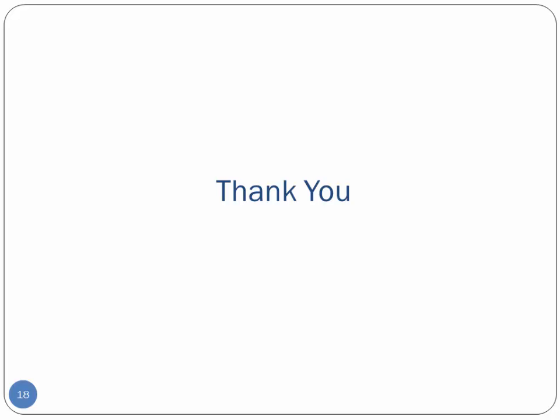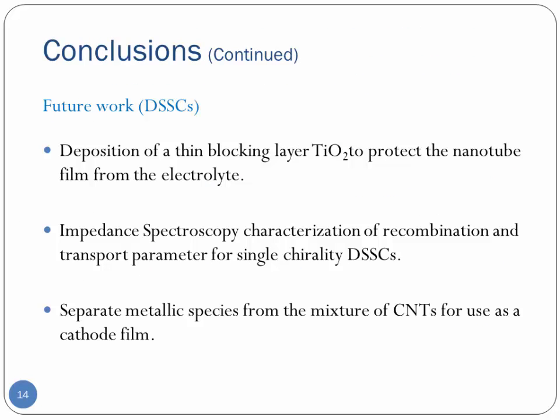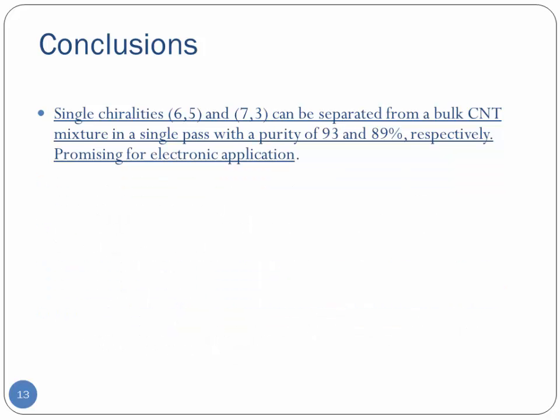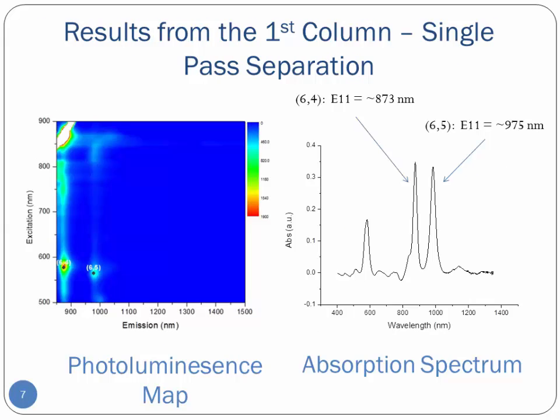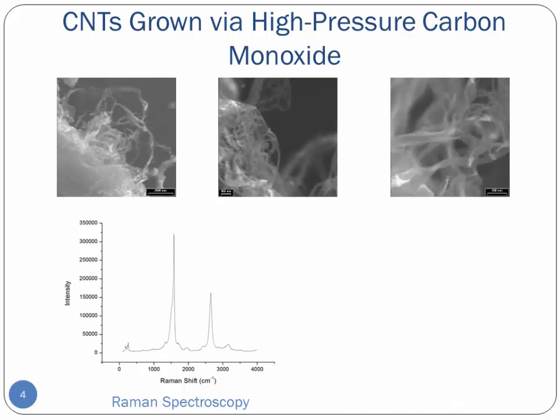Sure. Can you show back your graph of the Raman spectra? Yeah. So you have one spectrum. That's the splitting of the G and D band.